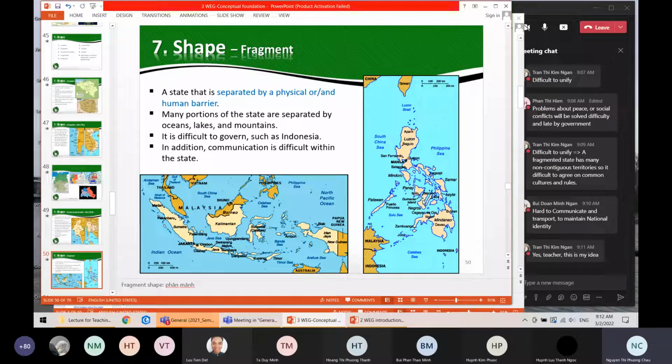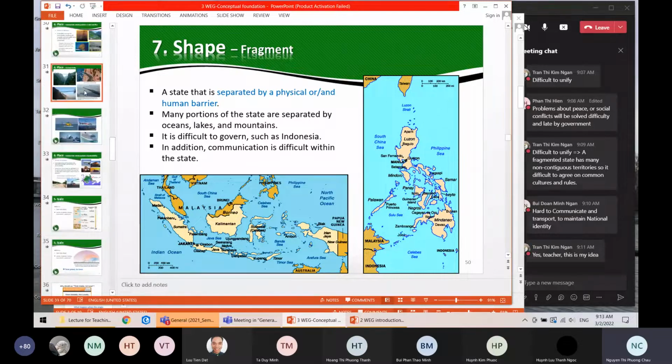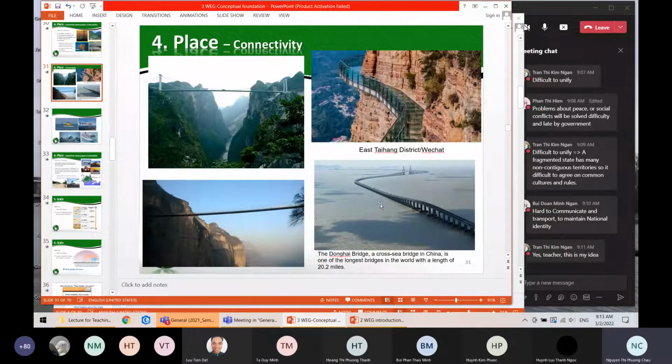And with separate areas like this, if the government tries to connect island to island, the government has to build a lot of infrastructure, right? But with very difficult geographical distance like we discussed before, to build or develop the infrastructure the government has to spend a lot of investment, a lot of cost.